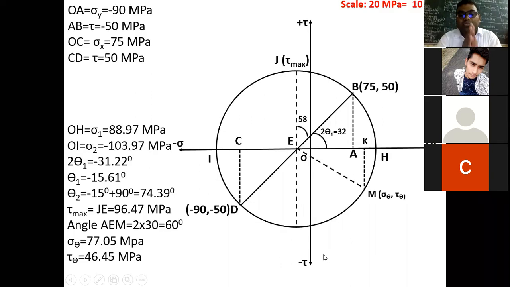So dear students, this is all about any problem related to biaxial loading, and if you need to calculate the normal stress, shear stress at any inclined plane, or principal stresses and their orientation, maximum shear stress and their orientation, anything you can calculate by using this Mohr circle method.